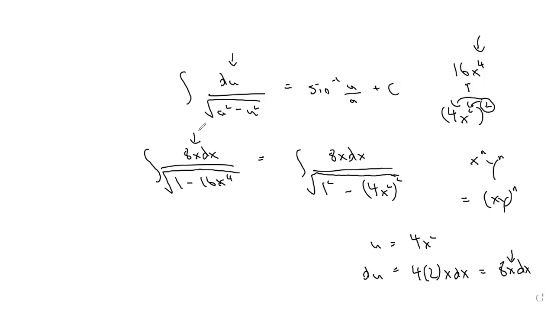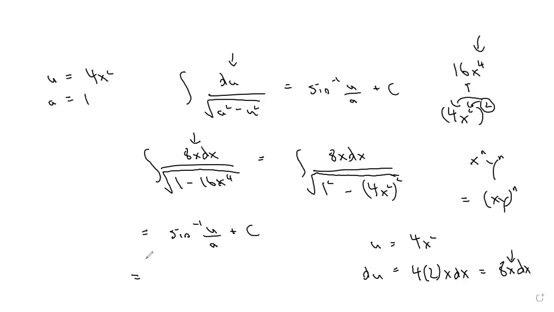So we can go directly to the answer now. The answer will be, let's write the generic form, sine inverse of u over a, plus c. So u in this case is 4x squared, and a is just 1.